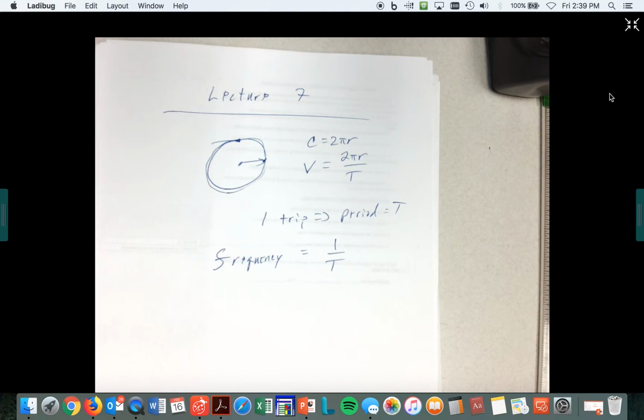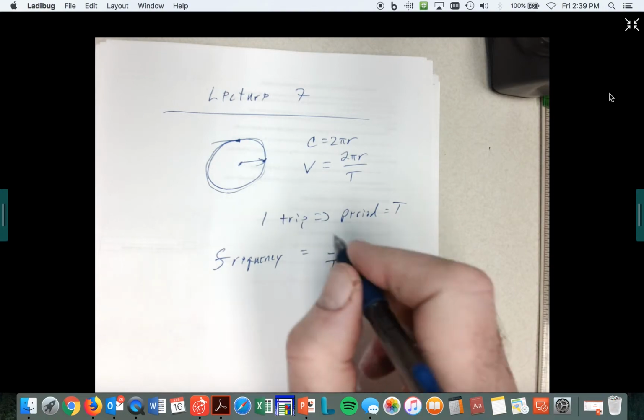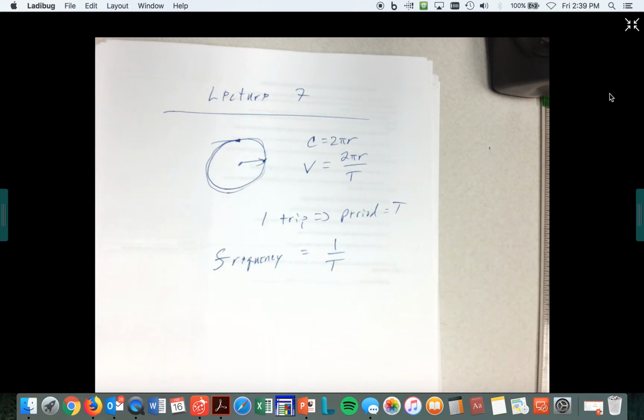Now then, the angular speed, so let's let them talk about it, but I wanted you to know what these two terms are. Period is like, if I ask you what's the period of the Earth going around the sun in days? 365.25.